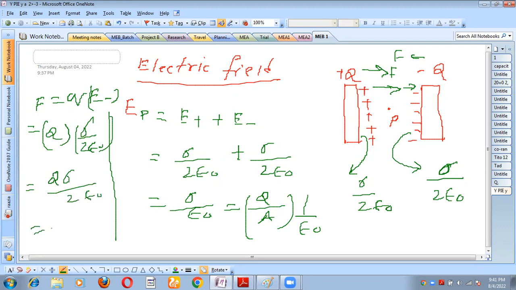And if we put the value of sigma as Q by A, it will be Q square by 2A epsilon naught. So this will be the force between the plates. Understood this one? What is the force acting between the plates of a capacitor? Q square by 2A epsilon naught. Yes, sir.